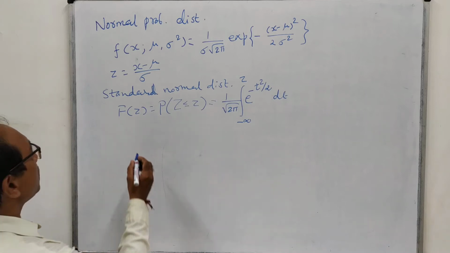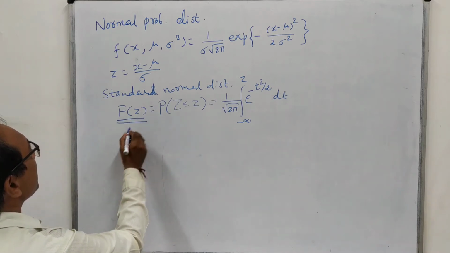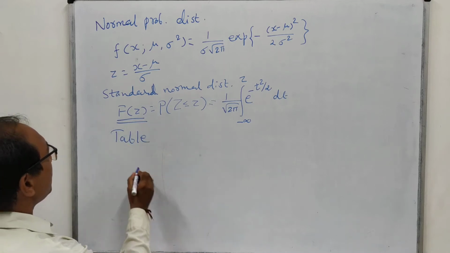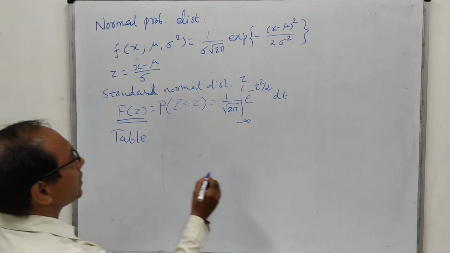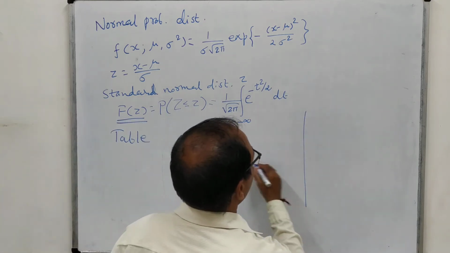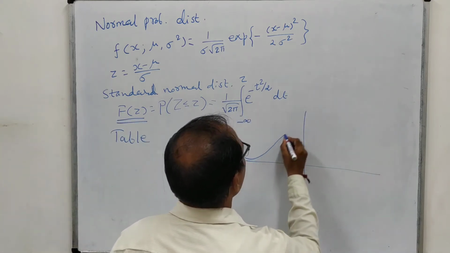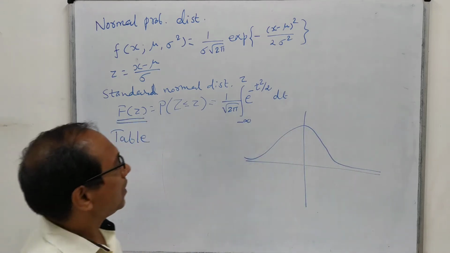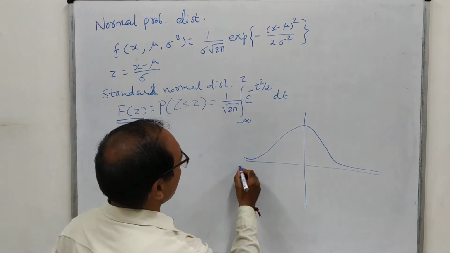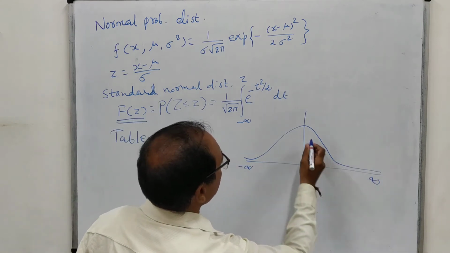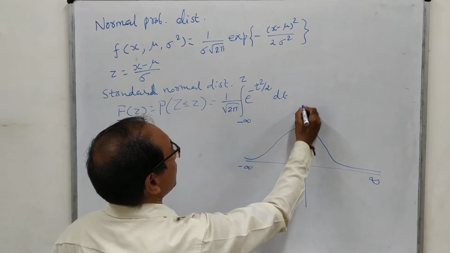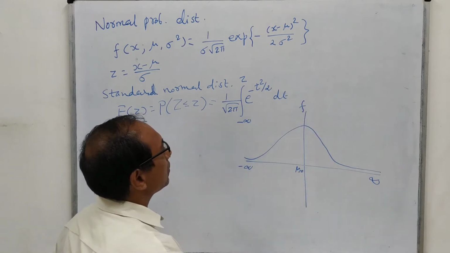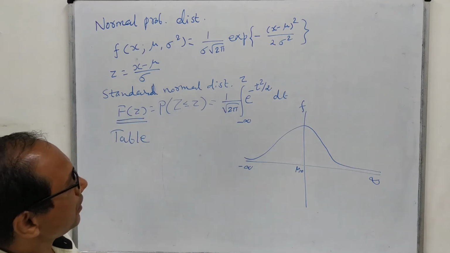I have also shown you that the values of f of z can be obtained from the table. We know that the graph of the standard normal curve is a bell-shaped curve. It is symmetric about the f-axis, and we are considering mu equal to 0, that means the mean at the center.